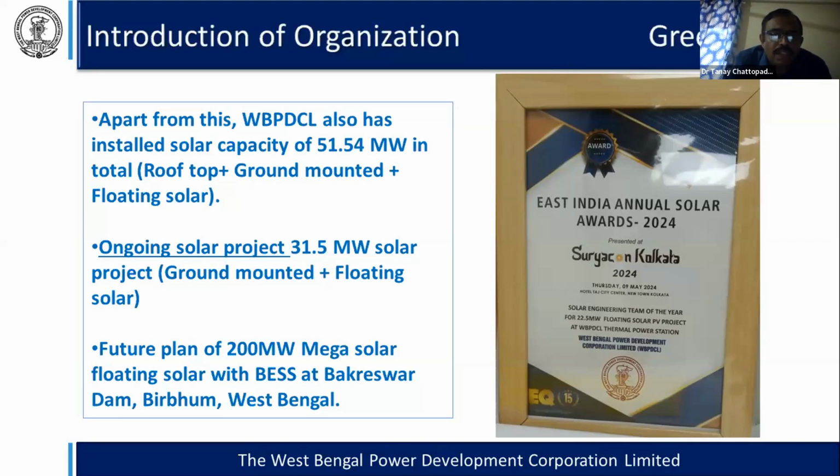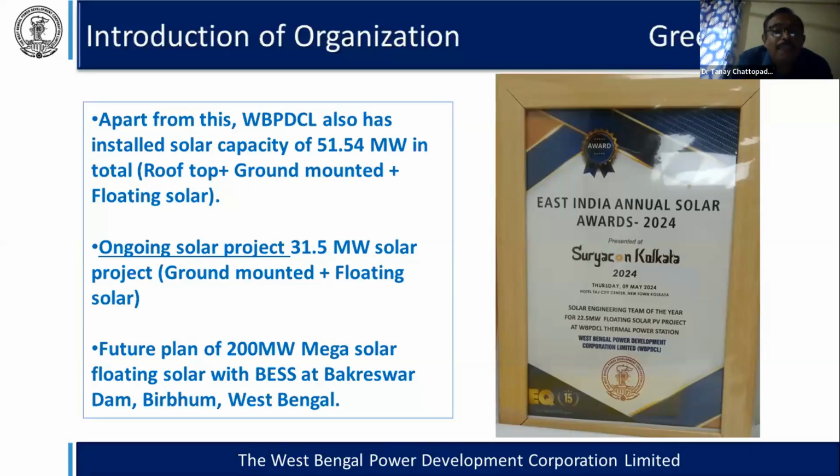In future, we also have a plan to develop a 200 megawatt mega floating solar plant at Bakreshwar Dam, Birbhum, West Bengal. It is now at the DPR stage, and will be very near to the tender floating stage.